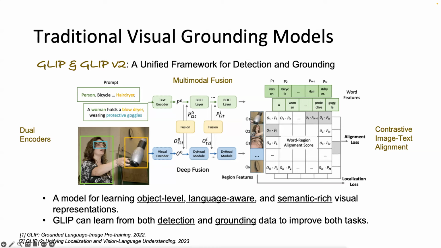All of these features are used for contrastive image-text alignment, for the alignment loss as well as the localization loss. Regard this model as a pioneering model for learning object-level, language-aware, and semantic-rich representations, where it also benefits from detection data and grounding data, and possibly pseudo-labeled web image-text data for scaling up. And these data together can boost the grounding performance.